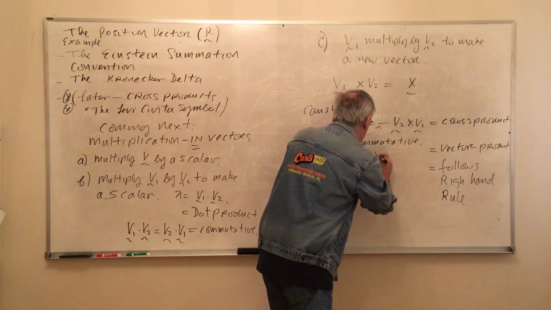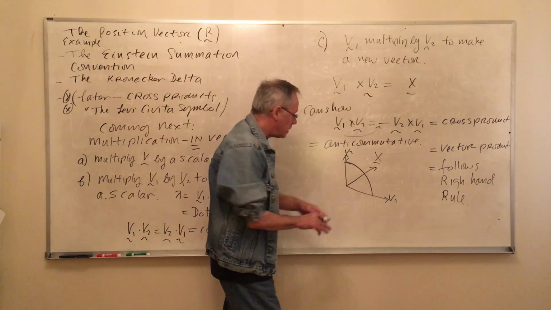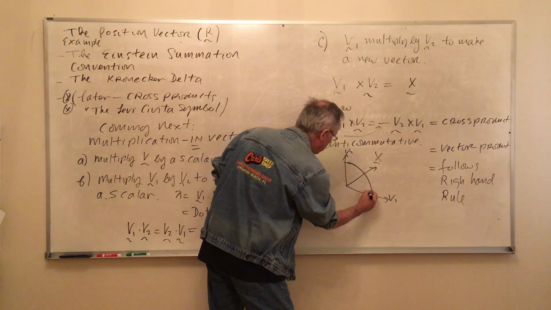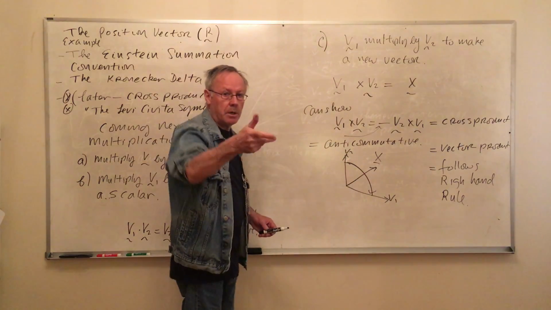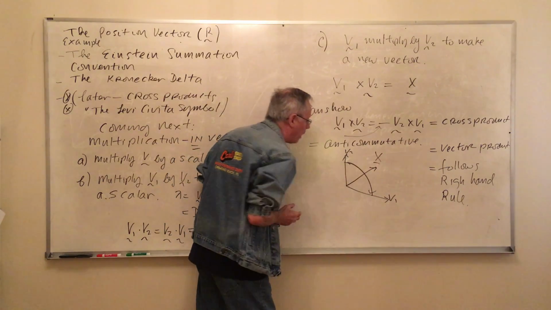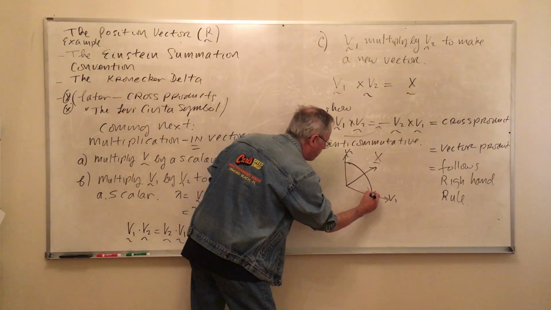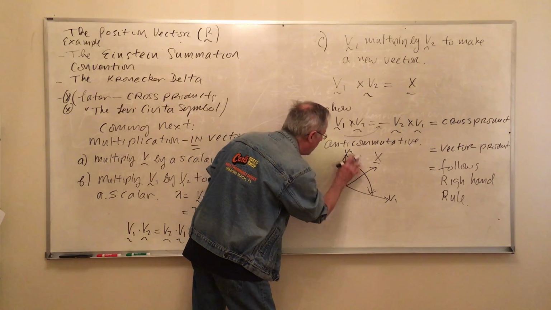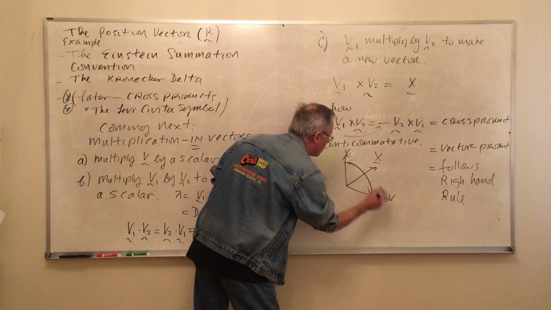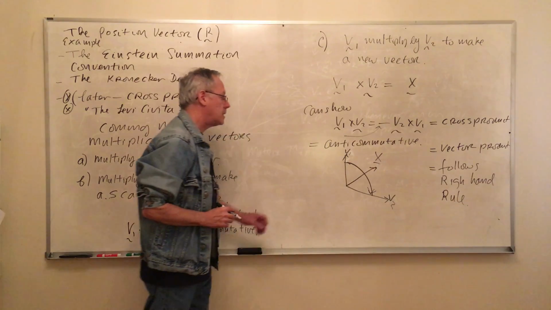The new vector x is a vector that works like this. I'm screwing in a light bulb. You screw a light bulb in that way to get a vector going that way. An anti-cross product is going this way. So v1 cross v2 gives me this new vector x.